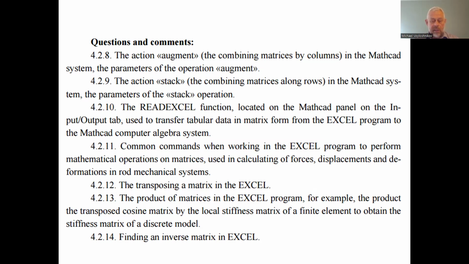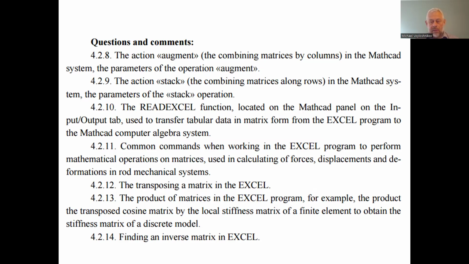The product of matrices in the Excel program, for example, the product of the transposed cosine matrix by the local stiffness matrix of a finite element to obtain the stiffness matrix of the discrete model. Besides Mathcad, we can do almost all of this in Excel.